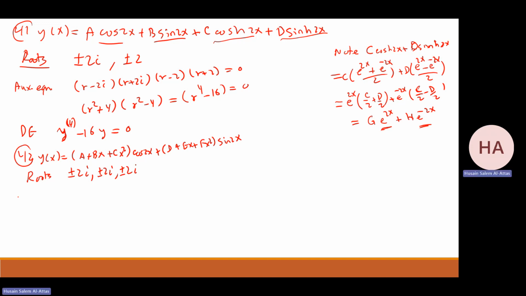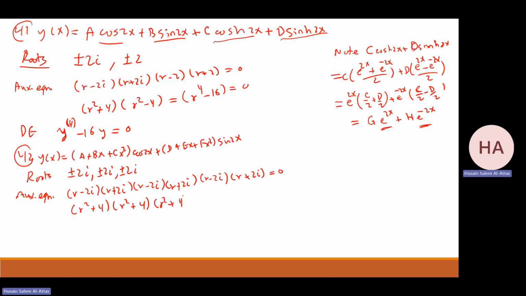Okay, so what will be my auxiliary equation? And here is the trick. Sorry, r minus and plus. Yeah, do it this way. Better. So I have r squared plus 4 times r squared plus 4 times r squared plus 4. And that is what? This times this.